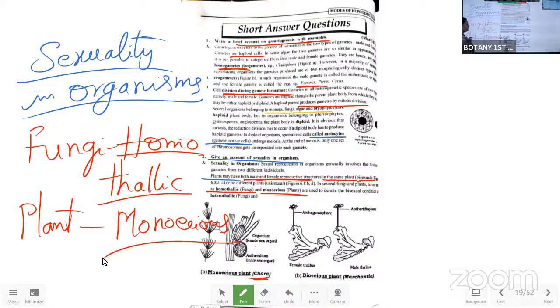Monoecious means both the sex organs, male and female, are present on the same plant. That is called the monoecious type of condition. And having both the sex organs on the same plant means there is a bisexual condition, what we can say.